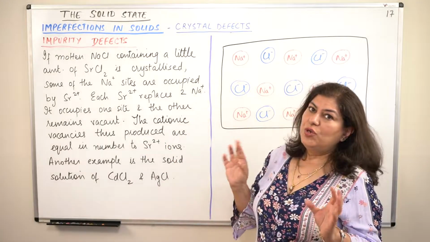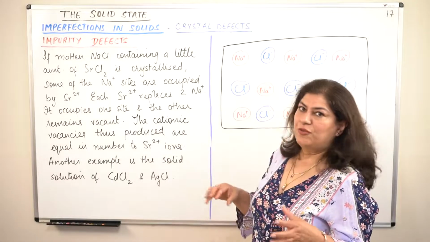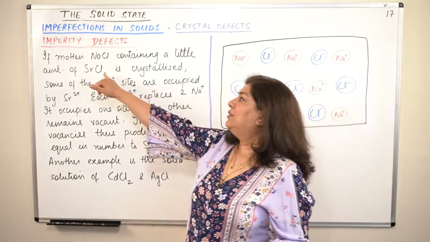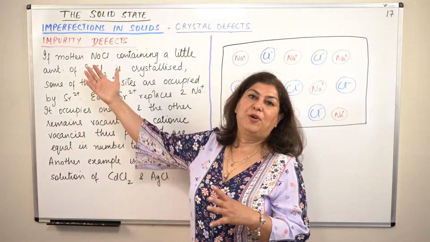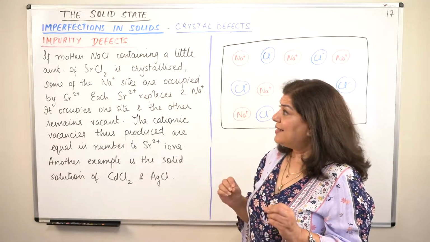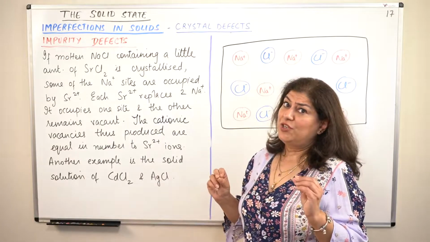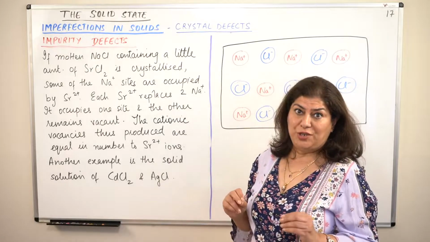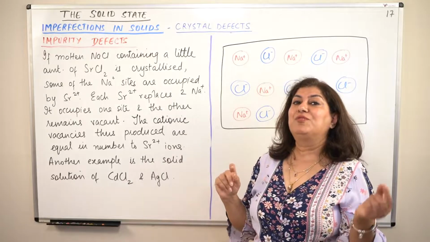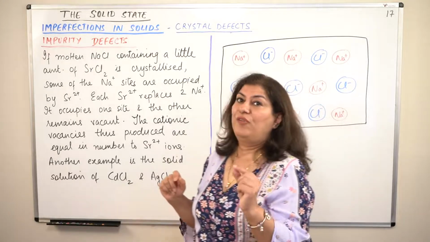If molten sodium chloride containing a little amount of strontium chloride is crystallized, you can't tell whether the chloride came from sodium chloride or from strontium chloride. But strontium has two positive charges and sodium has one. So when it is crystallized, some of the strontium ions will occupy the sites of sodium.